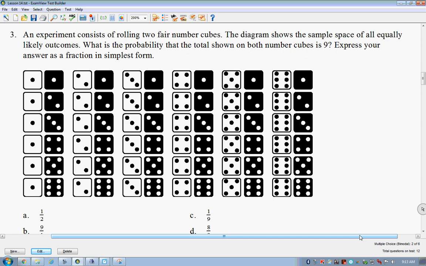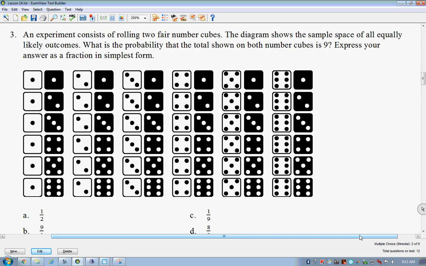Because the highest number on a number cube is 6, and 1 plus 6 isn't going to get me there. Is 2 plus 6 going to get me there? So I can ignore the top 2 rows, correct? We come down here, 3 plus 6 is 9, so I've got this one. 4 plus 5 is 9. Okay, that'll work.